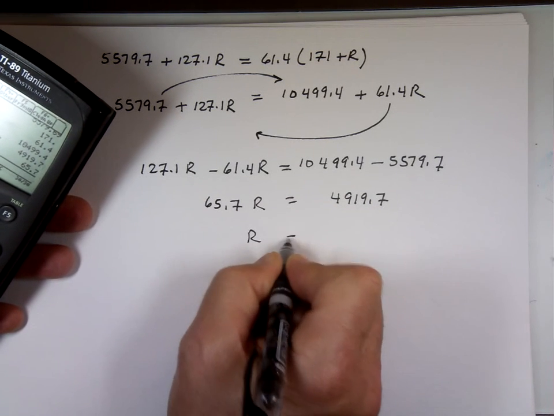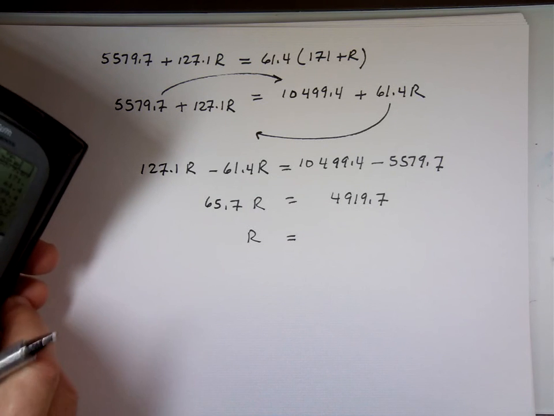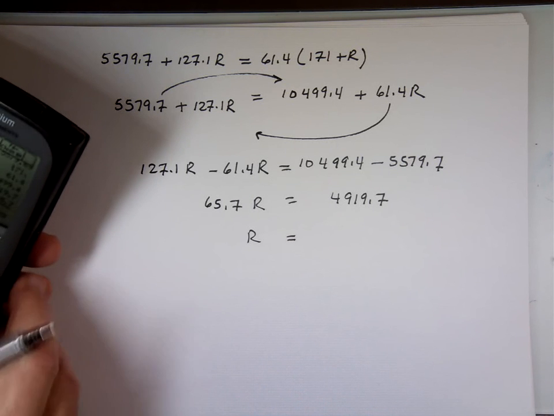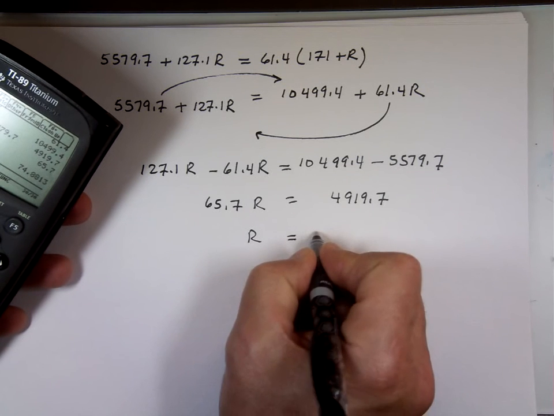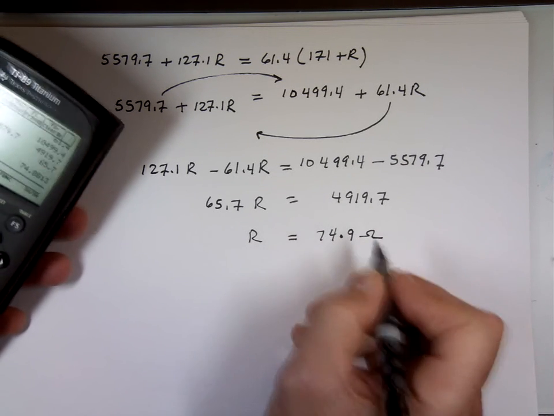That number divided by this? 74.88. 70.4488. So 74 you mean? Yes. 74.9 ohm, or 75 ohms roughly.